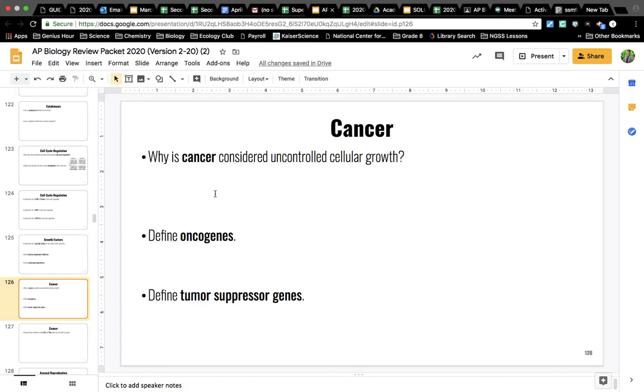Why? Because even though they're dividing all these times, errors are creeping up through the replication. And so this is, in a sense, nature's way of trying to cut off a lot of errors from creeping into your genetics, because if these errors creep up, then it's possible for things like cancer to develop as well.